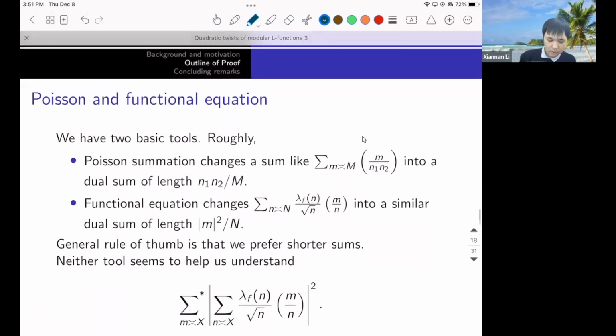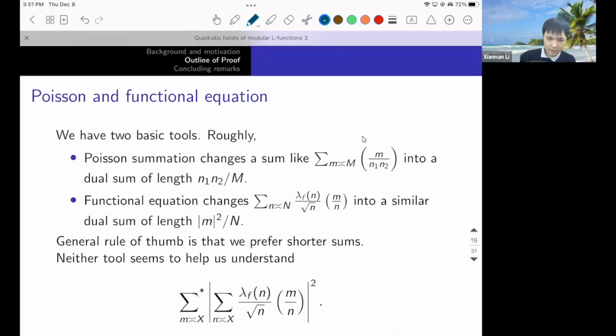There are two basic tools in this particular problem. One is Poisson summation, and the other is the functional equation. They do roughly the same thing. For us, they're both going to take some original sum and change it into a dual sum, some other sum.